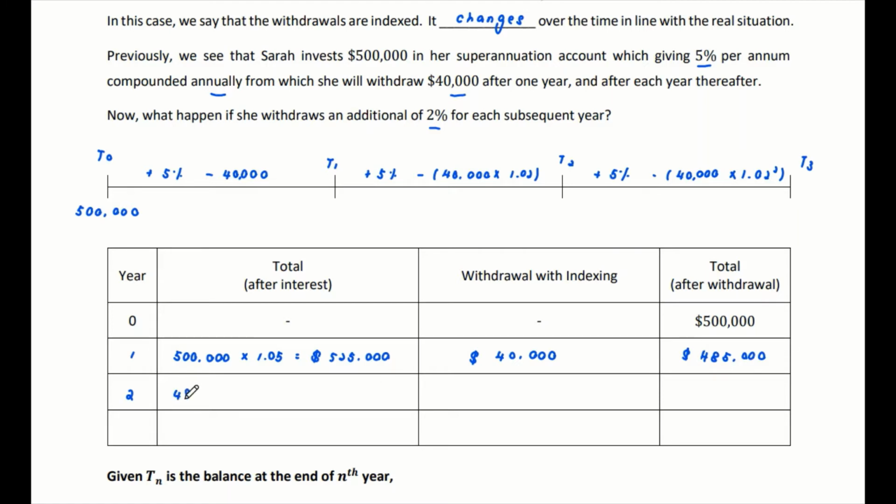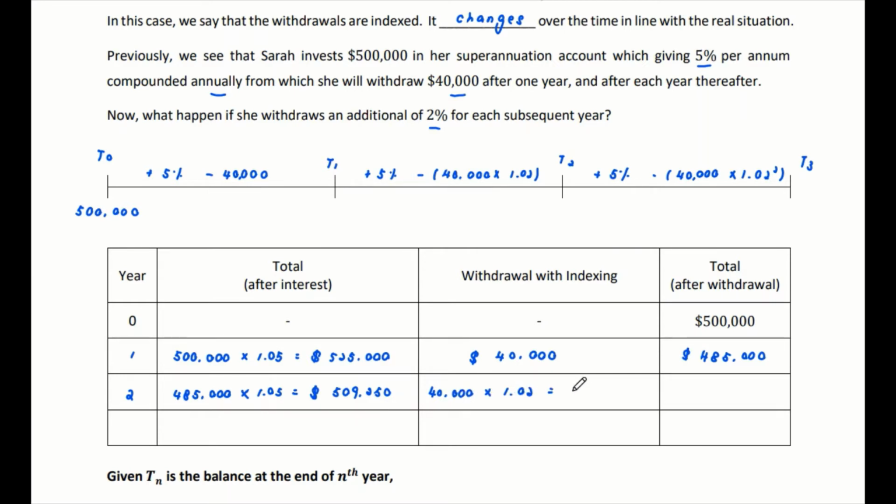So this amount of money is going to again generate another 5% of interest. So we have 509,250 in our account. All right, so the withdrawal here will be increasing by 2%. So that's why we are having 40K multiply 1.02.